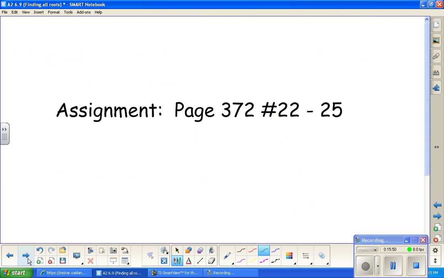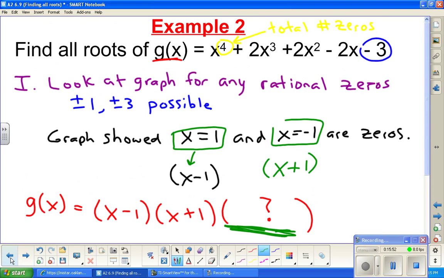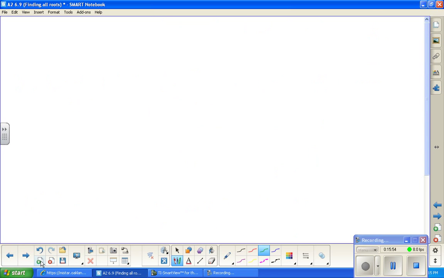Think about this. What if I said something like 60 equals 2 times 3 times some missing piece. This is the exact same format of what we have. How could we find out what goes in the missing box?